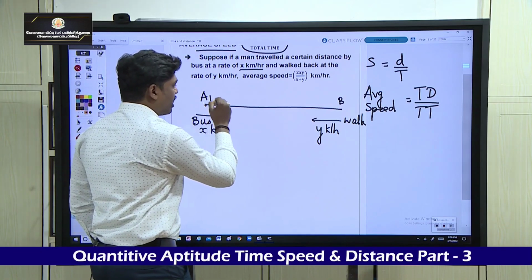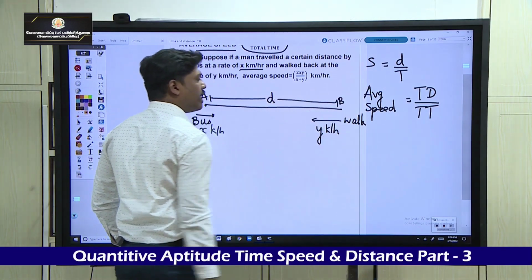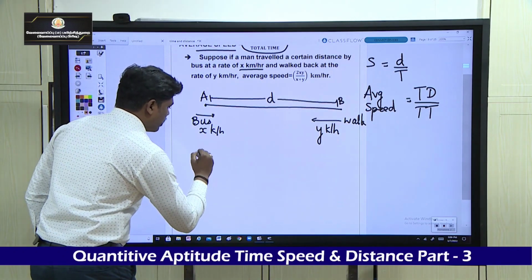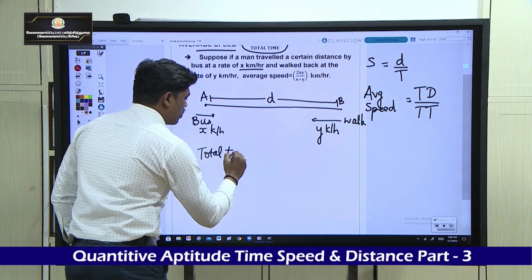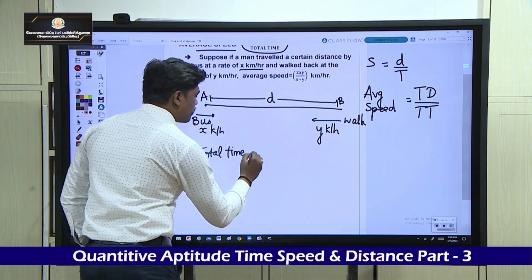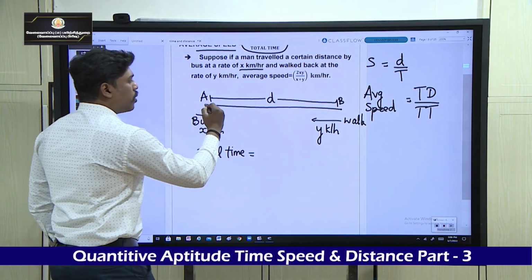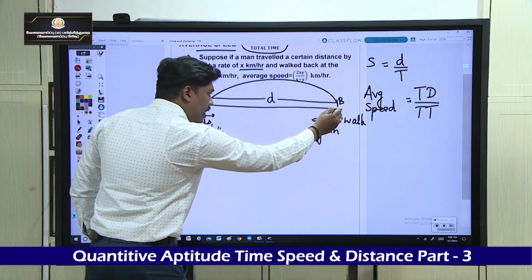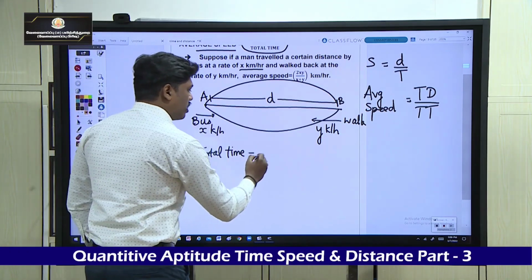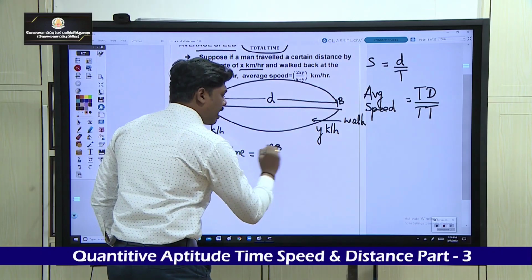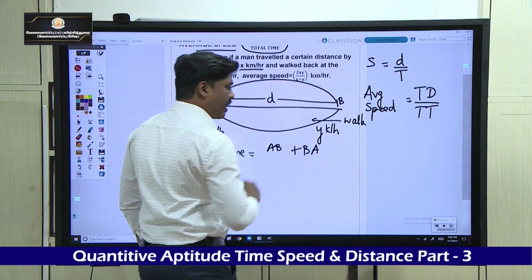First let us take A to B, this as distance D. First take the total time taken. What is total time here? Time taken by a person to go to B from A and then come back again to A. So, we will have two times taken: A to B one time taken plus B to A one more time taken.